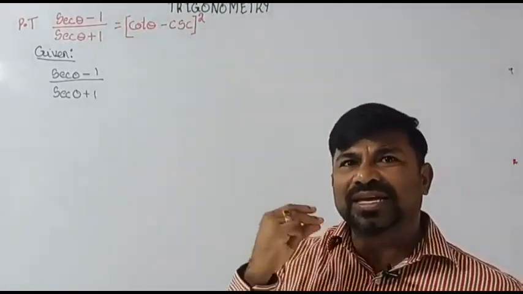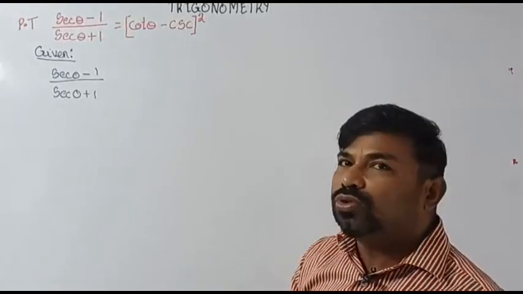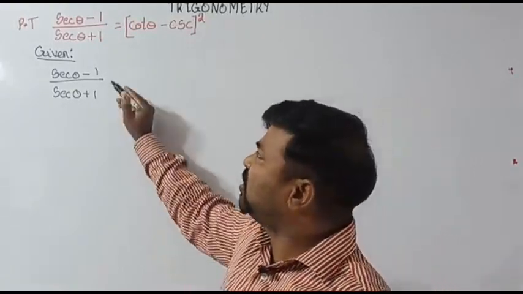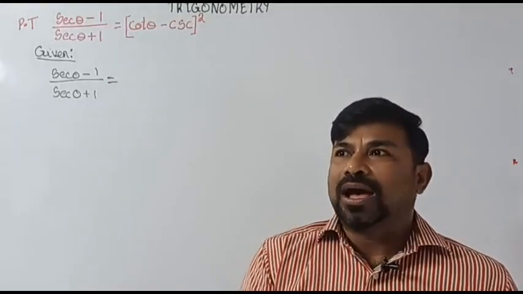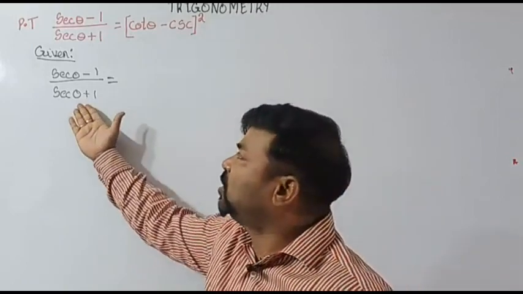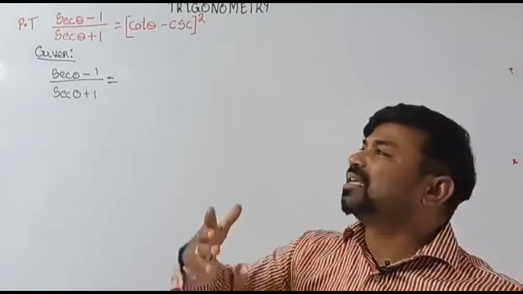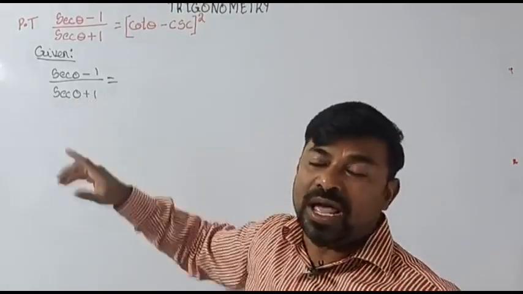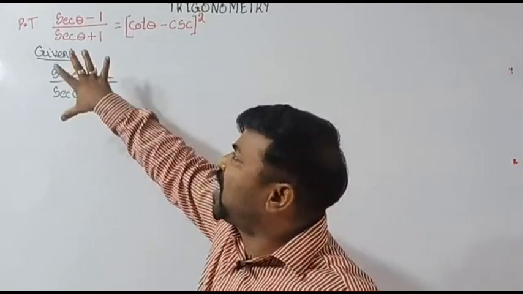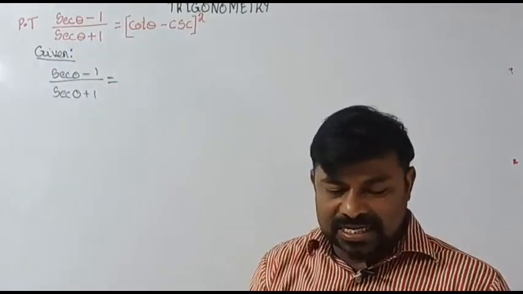So I started thinking, what I'd like to do is take the question and multiply with the conjugate of the denominator. We can call it the conjugate, or just the opposite sign. So we have secant theta plus 1 in the denominator, and I'd like to multiply and divide the entire given question with secant theta minus 1.